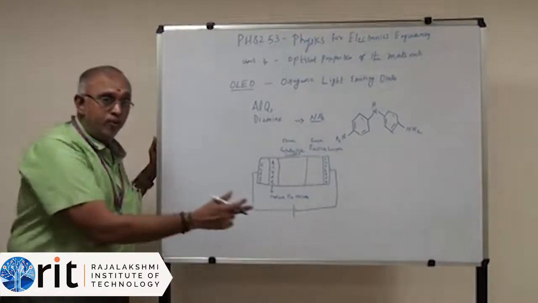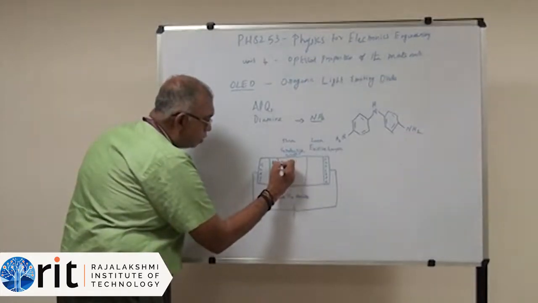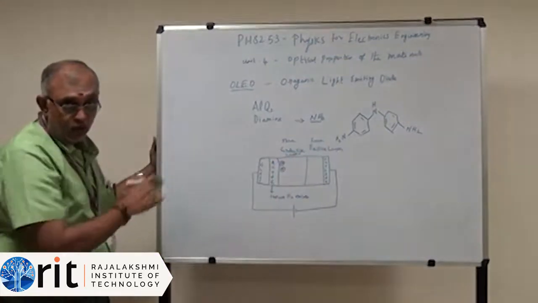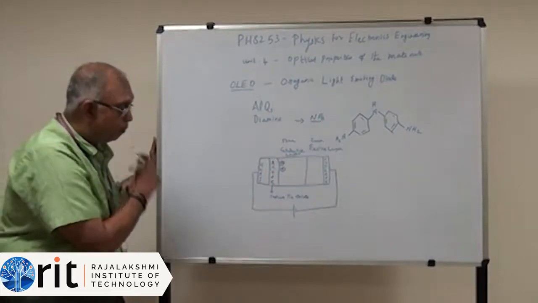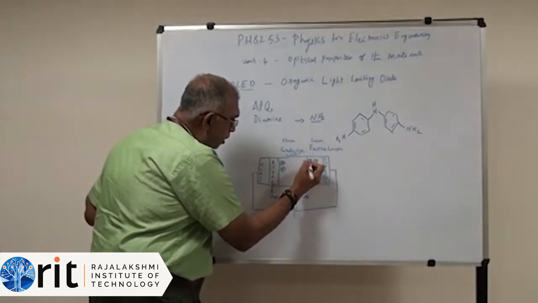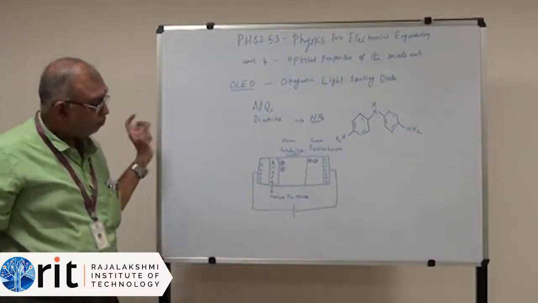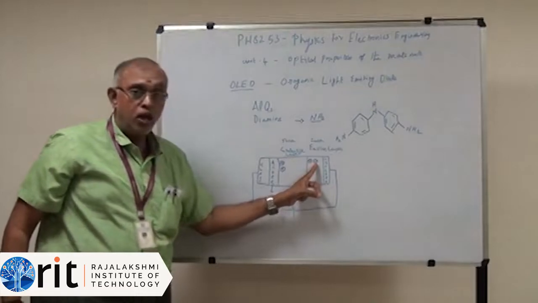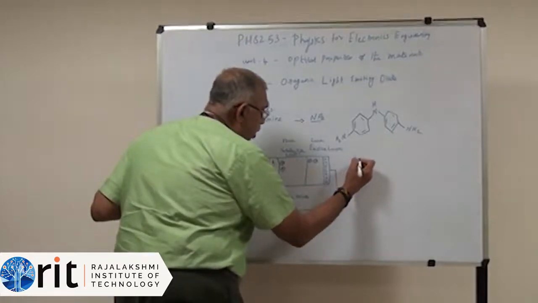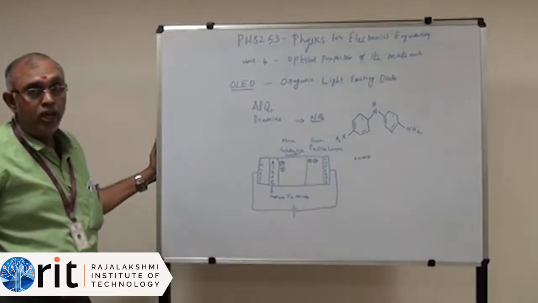Now, if the power is switched on, the anode injects holes into the conductive layer. Similarly, the cathode injects electrons into the emissive layer. These injected electrons go and occupy lowest unoccupied molecular orbitals.